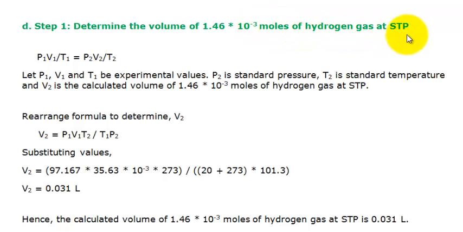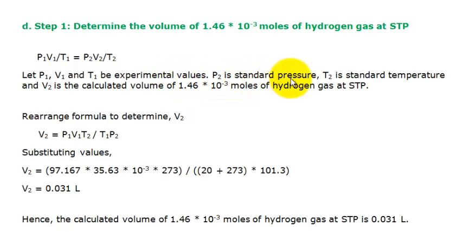Now we need to use the combined gas equation, which is P1V1 divided by T1 equals P2V2 divided by T2. Let P1, V1, and T1 be experimental values.